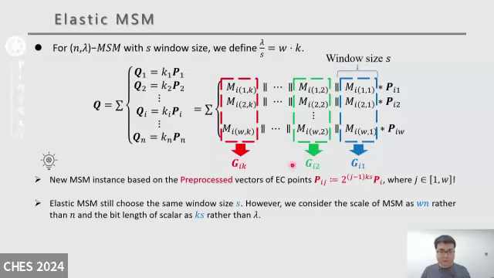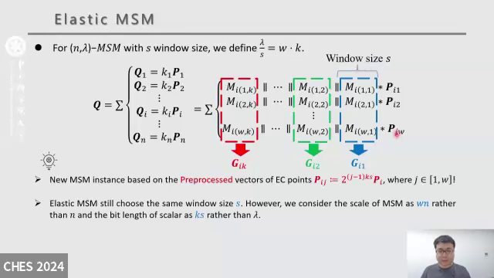Okay, with that, this is indeed a new MSM instance based on pre-processed vectors of these points, just as this. So the elastic MSM still chooses the same window size.